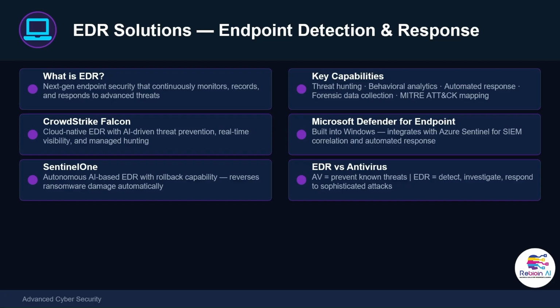If ransomware starts encrypting your files, SentinelOne can automatically roll back all those encrypted files to their previous state. It's like an undo button for ransomware attacks. The difference to remember is AV equals prevent known, and EDR equals detect, investigate, respond to everything.